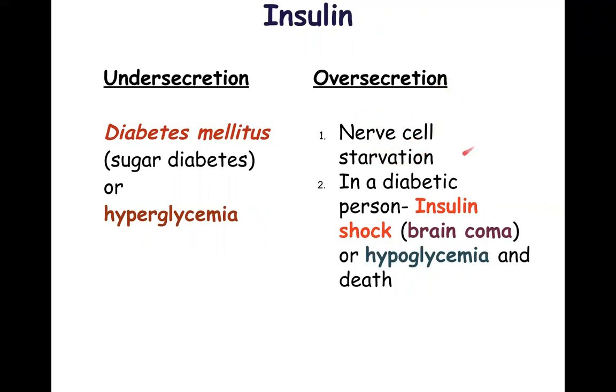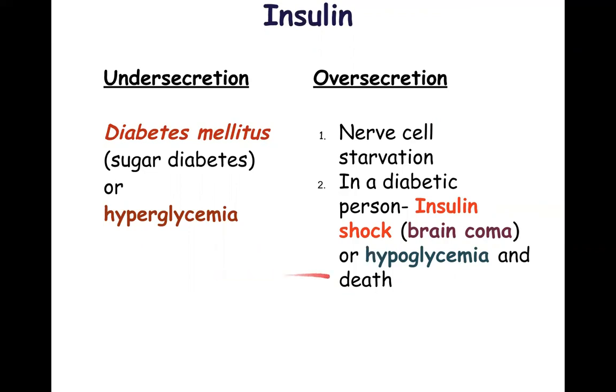If this oversecretion occurs in a diabetic person, a person who's already suffering from diabetes mellitus, then such a person will go into an insulin shock or a brain coma, and it will cause hypoglycemia, reduced glucose in the blood, and ultimately, if unchecked, it leads to death. So oversecretion of insulin can be deadly.